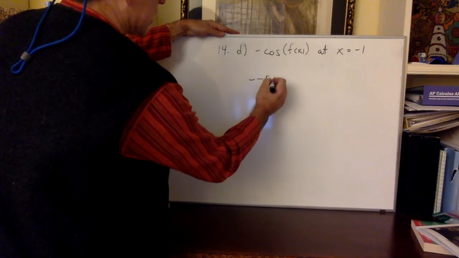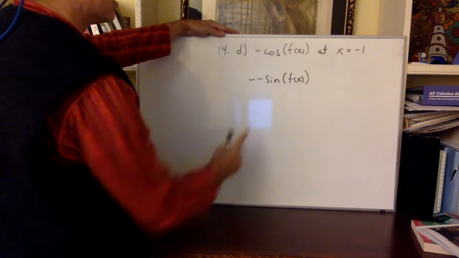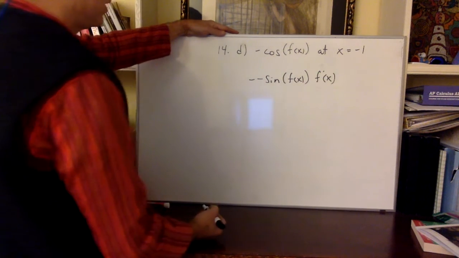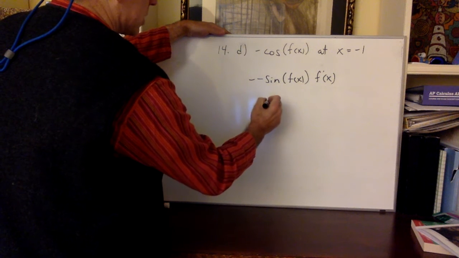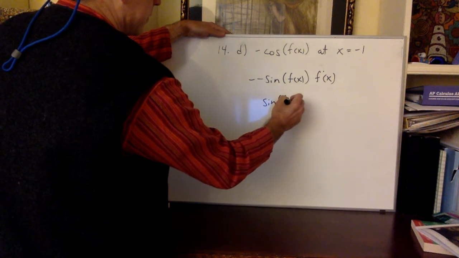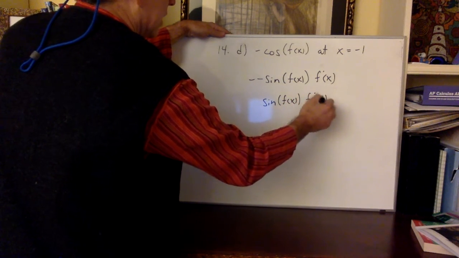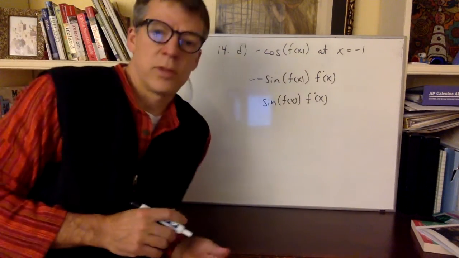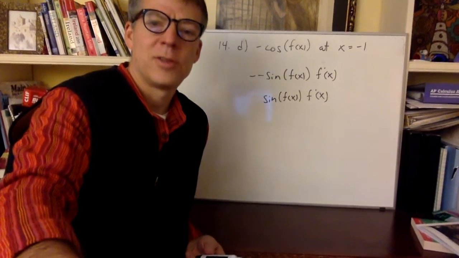So a negative sine of that blob times the derivative of the inside, like that, okay? Now, negative, negative, that is just a positive. So you end up with sine of f of x, and then times f prime of x, and they need it right at negative 1, so do the same thing. Plug negative 1 in for the x's, and then just look them up on the tables. And hopefully that'll give you the right answer, okay?